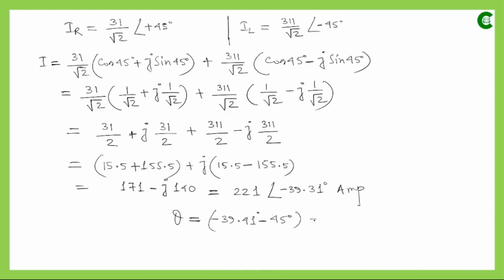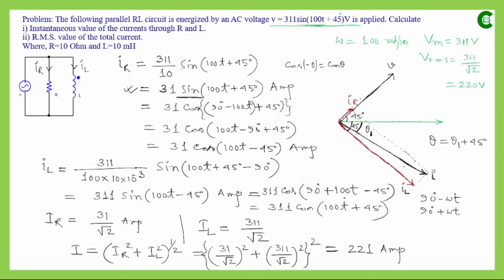So finally the phase difference will be minus 84.41 degree. So we can say either the current is lagged by 84.41 degree from the applied voltage V, or we can say the applied voltage leads the total current by 84.41 degree.